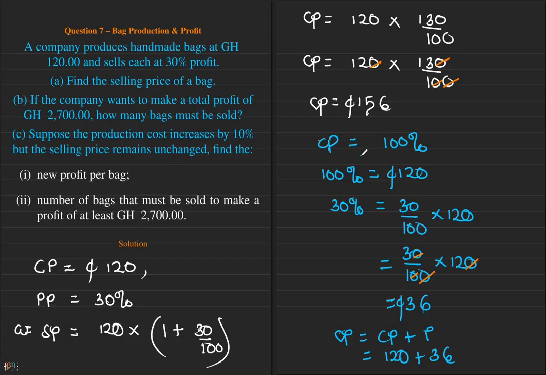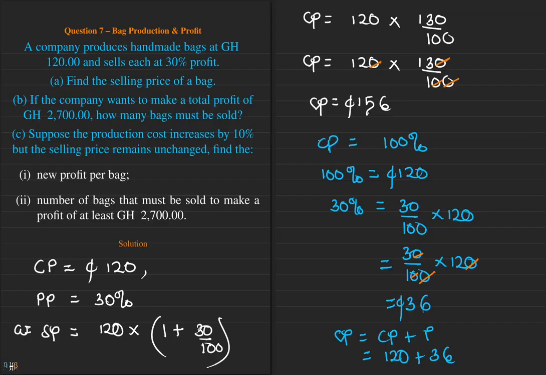How much profit are they making on each bag? You see, using the proportional reasoning, we solve directly the profit on each bag, and that is 36 cedis.